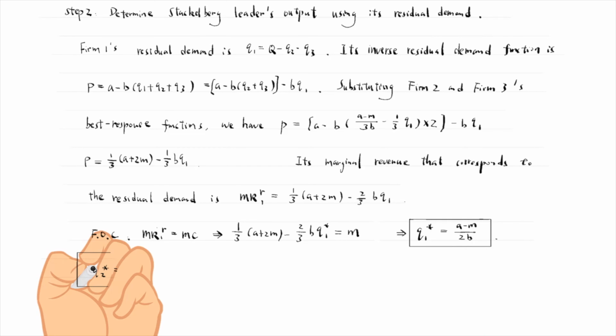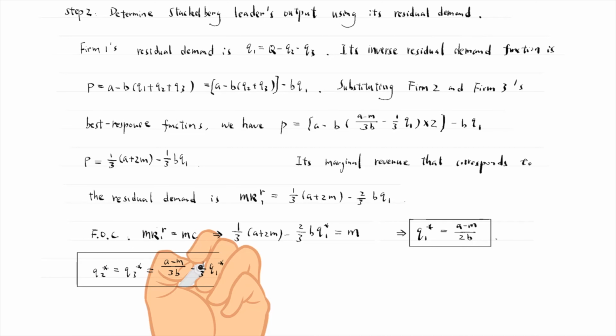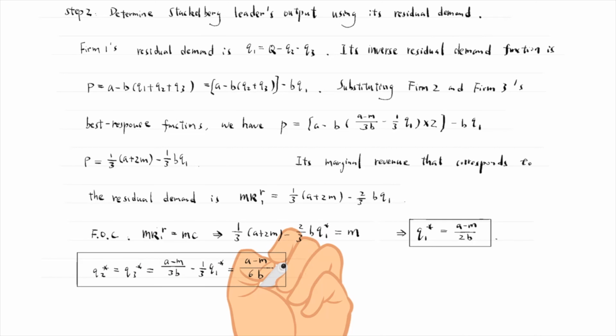We can use the followers' best response functions to find the followers' output. The market output is the sum of them. Substituting the market output into the market demand function gives the equilibrium price.